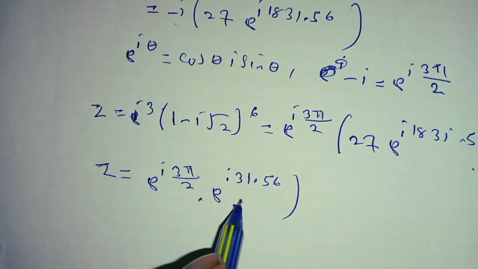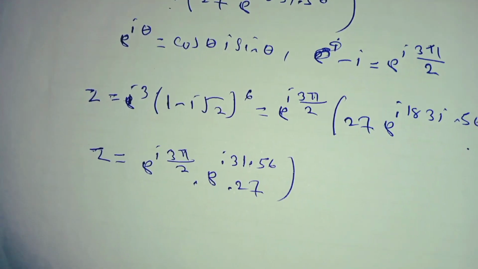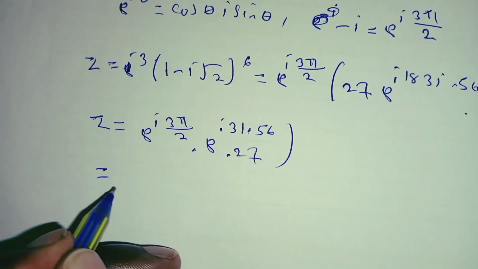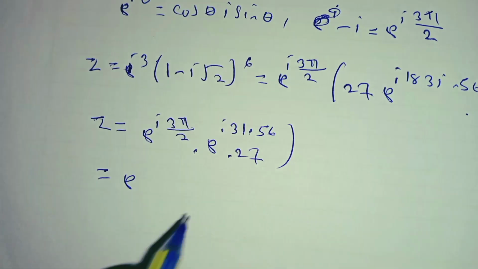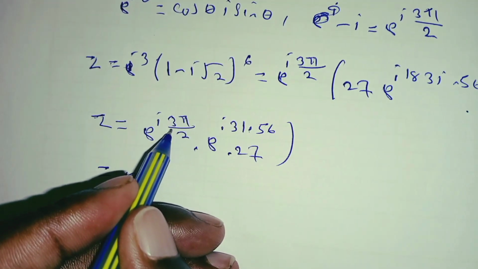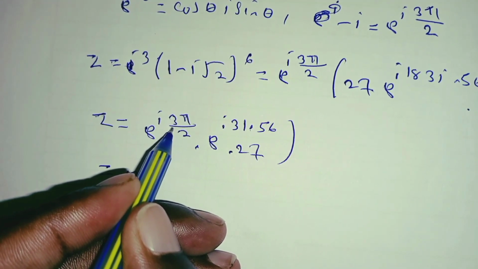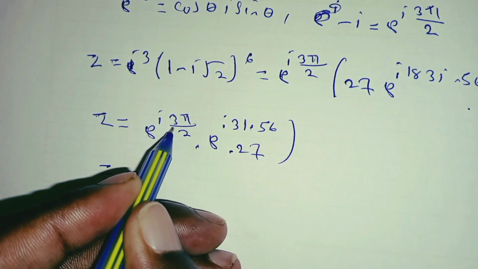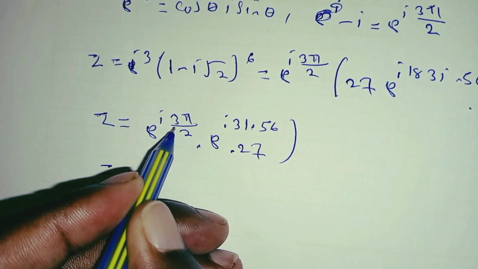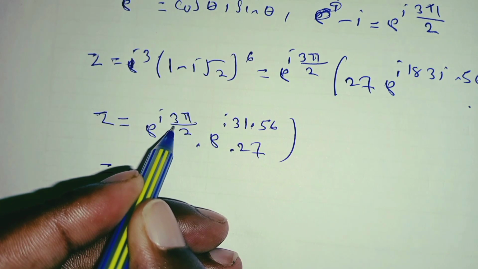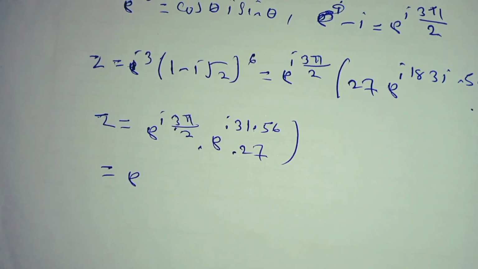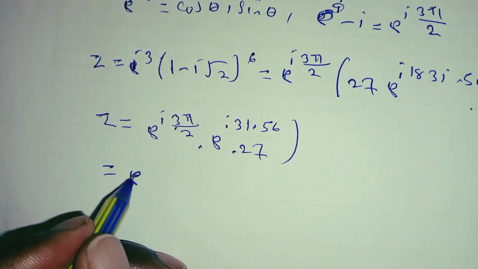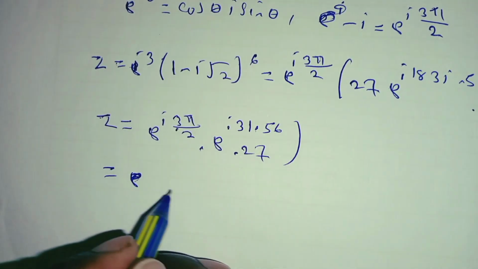Everything here multiplied by 27, which will reduce to exponential. This is like 270, so you have 270.